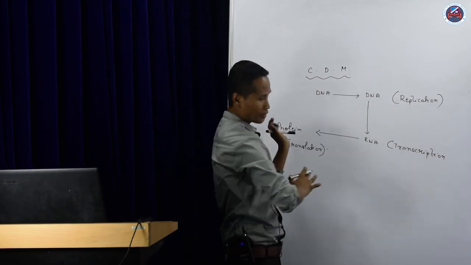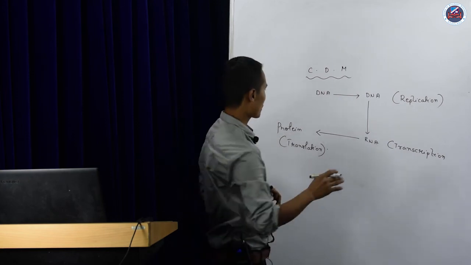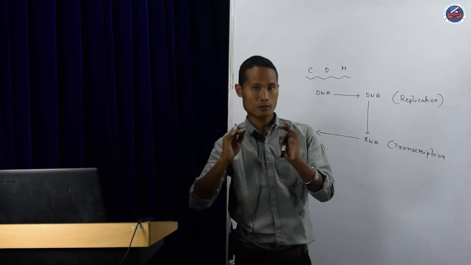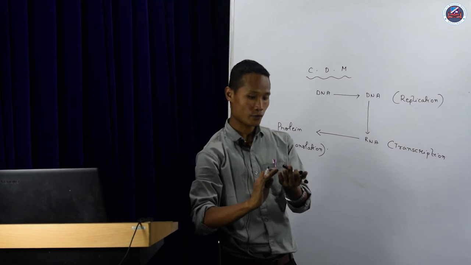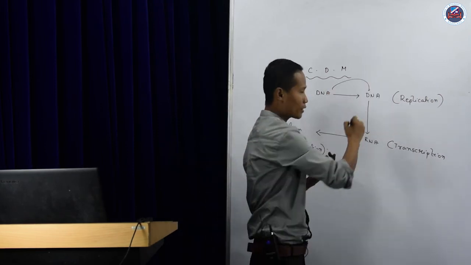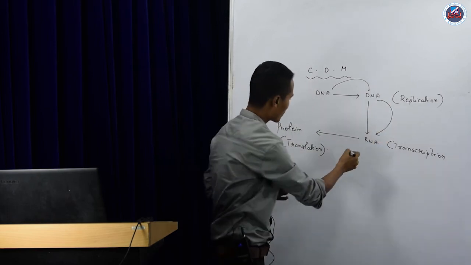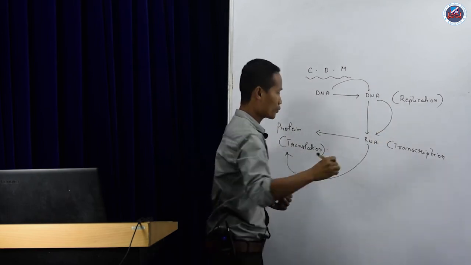So this is said to be the central dogma of molecular biology. Every living cell first has to copy its DNA, that is DNA to DNA. Then it has to convert DNA to RNA and RNA to protein.